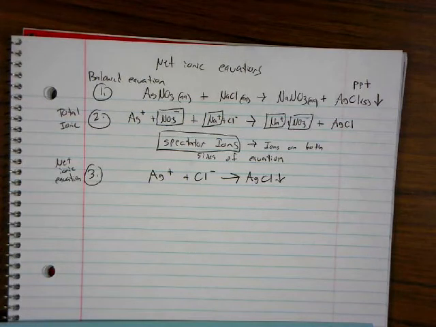So I've got Ag plus Cl minus yields AgCl. That's the net ionic equation. These are the ions that actually did something. Here's my net pay. These are the movers and shakers.